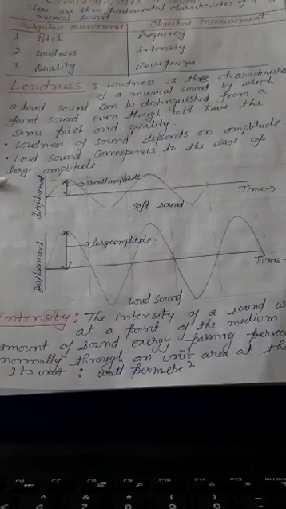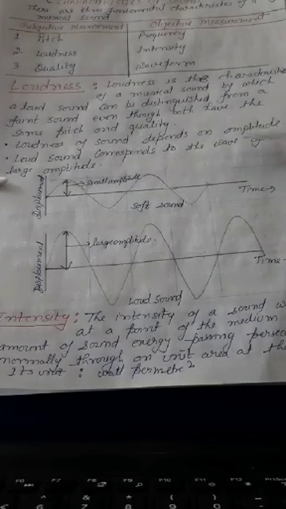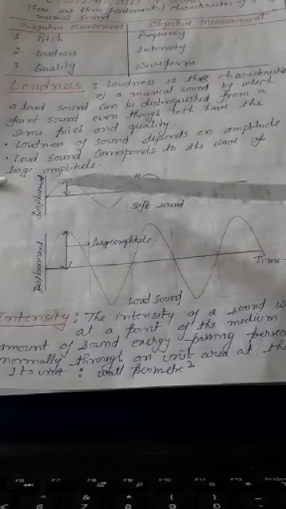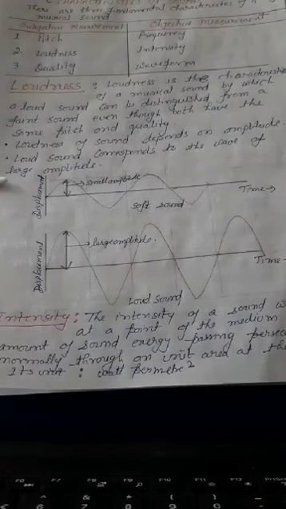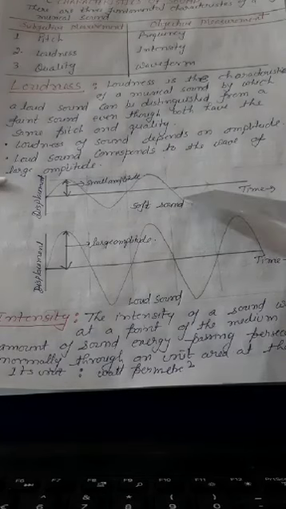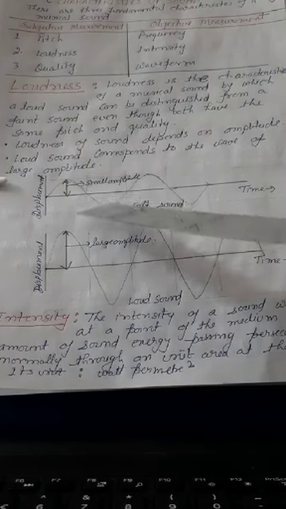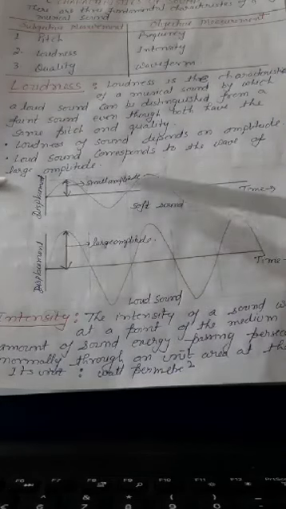As I said, loudness of sound depends on amplitude. So a loud sound corresponds to a wave of large amplitude. Loudness is directly proportional to the square of the amplitude. You can see the graph. You are asked to draw the graph in the exam for soft sound and loud sound. Soft sound means the amplitude is small, and loud sound means the amplitude is large.